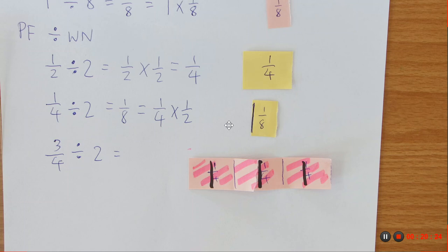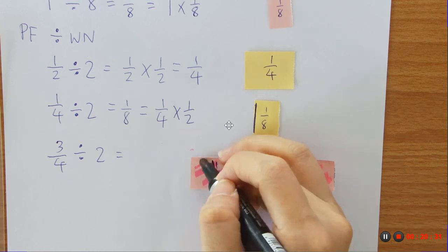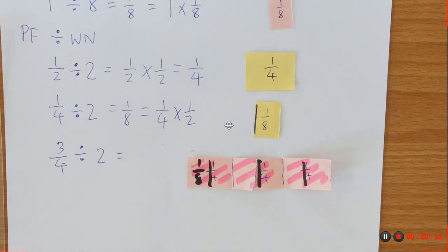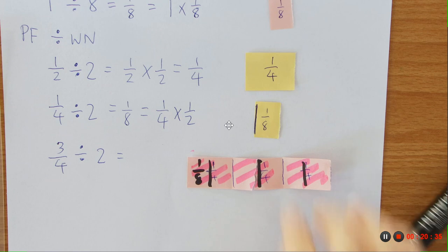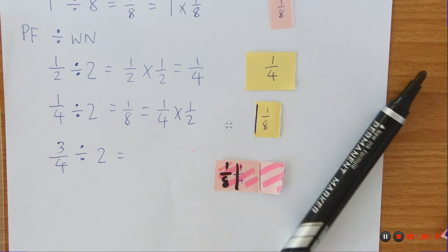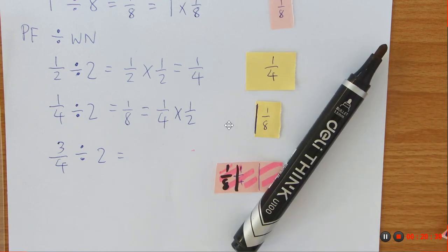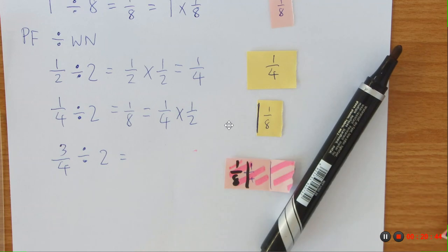So each unit becomes 1/8. So how many 1/8 for half of it? What's this fraction? 1/8, 3/8. Thank you.